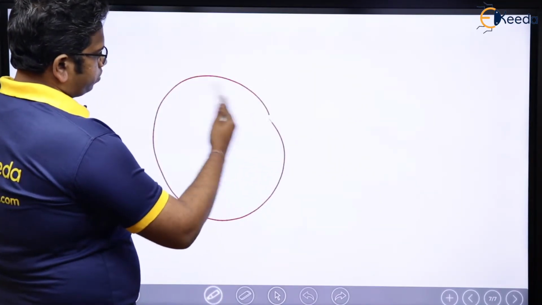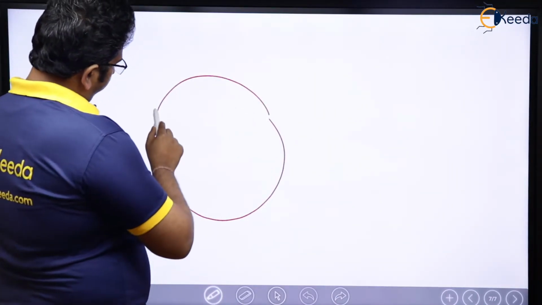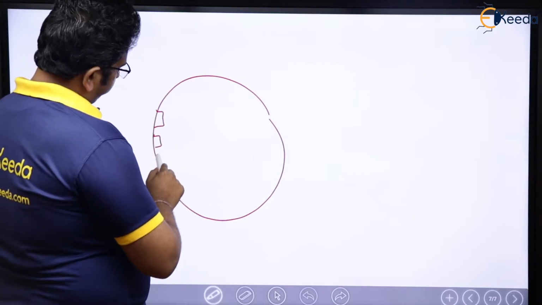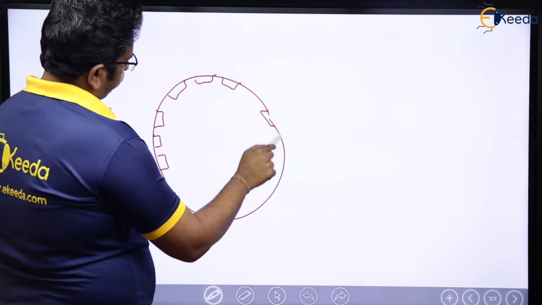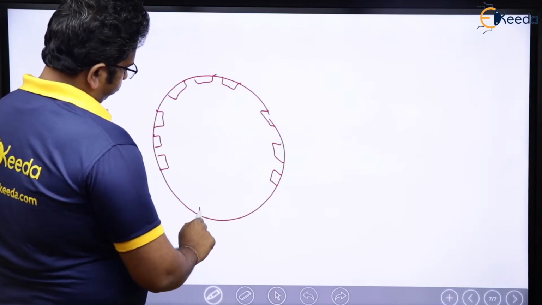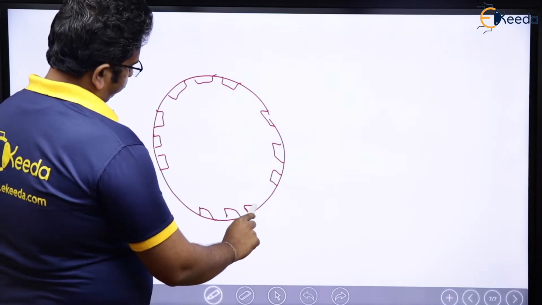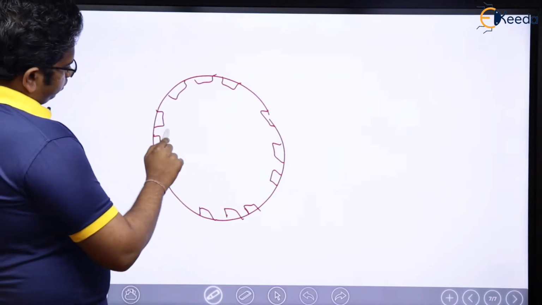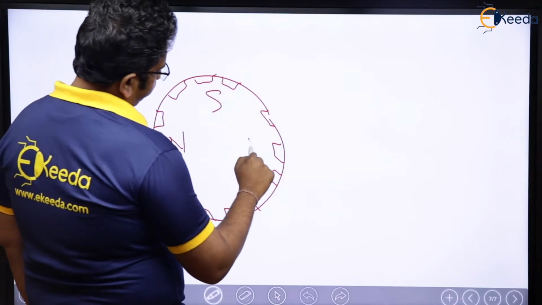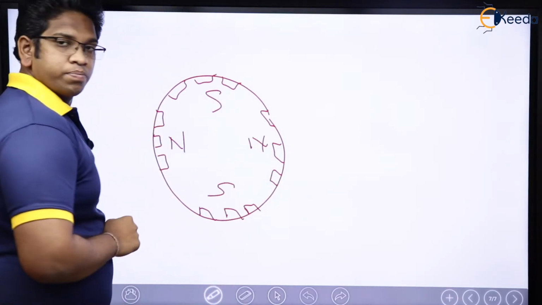This is going to be the rotor, right? Now, we are increasing the slots per pole. Let us consider that this one is for N pole, this is for S pole, this is for N pole, and this is for S pole.